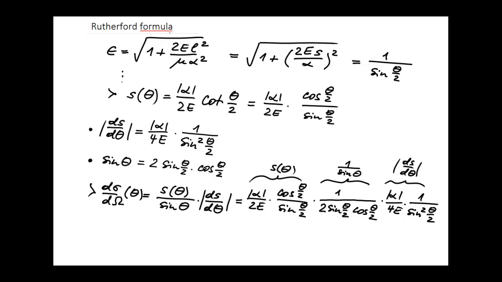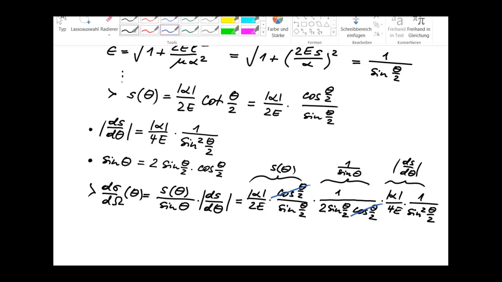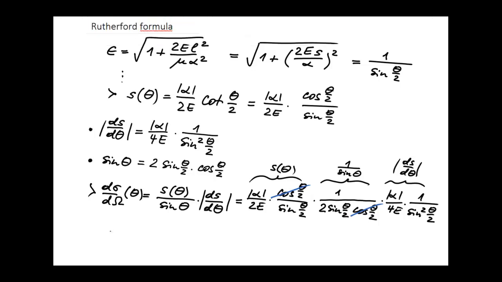Now the cosines cancel, and the remaining terms can be summarized in this formula for the differential cross-section, d sigma over d omega as a function of theta.